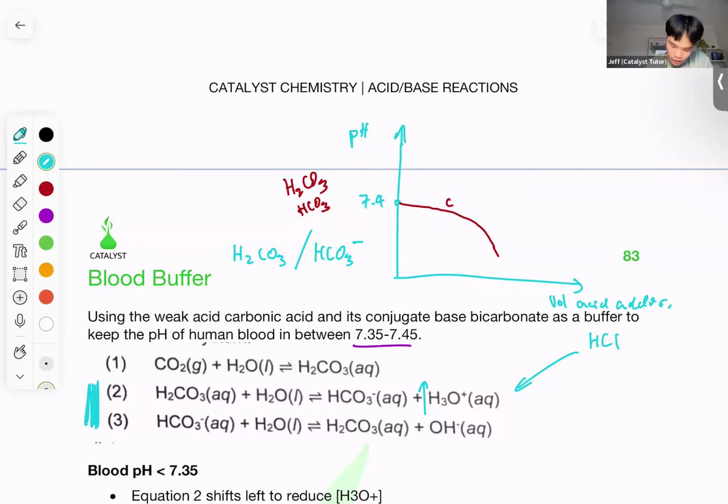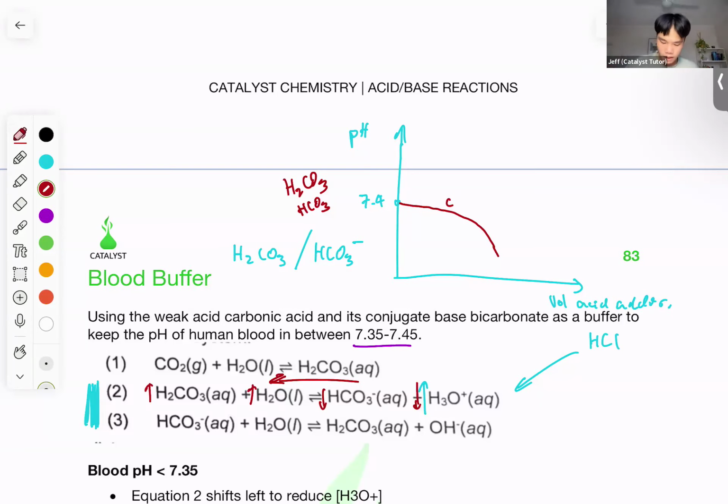Good, we shift left. So we shift left, and that is going to push up carbonic acid, make some water, reduce our bicarbonate, and push back down our hydronium concentration.